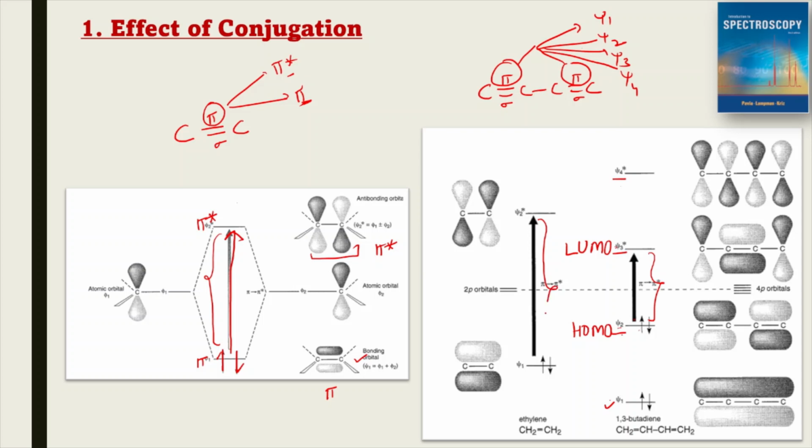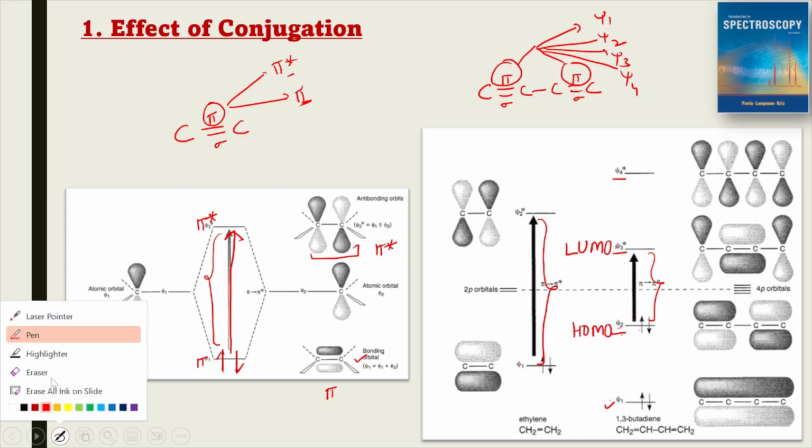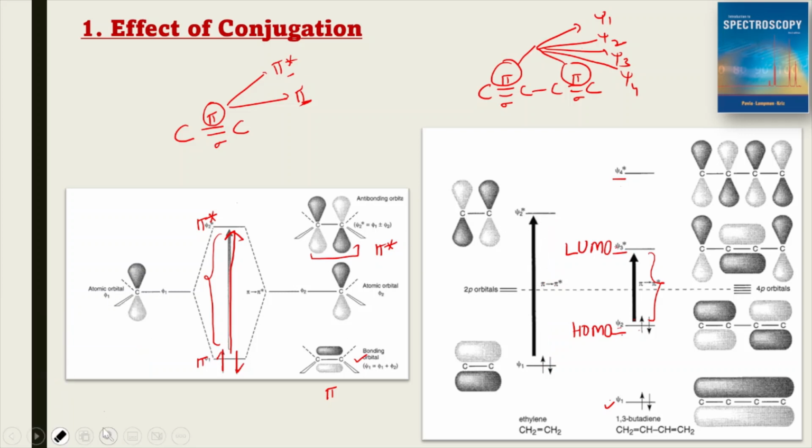When there was an isolated double bond, this was the HOMO and this was the LUMO, and this much amount of energy was required for the excitation.